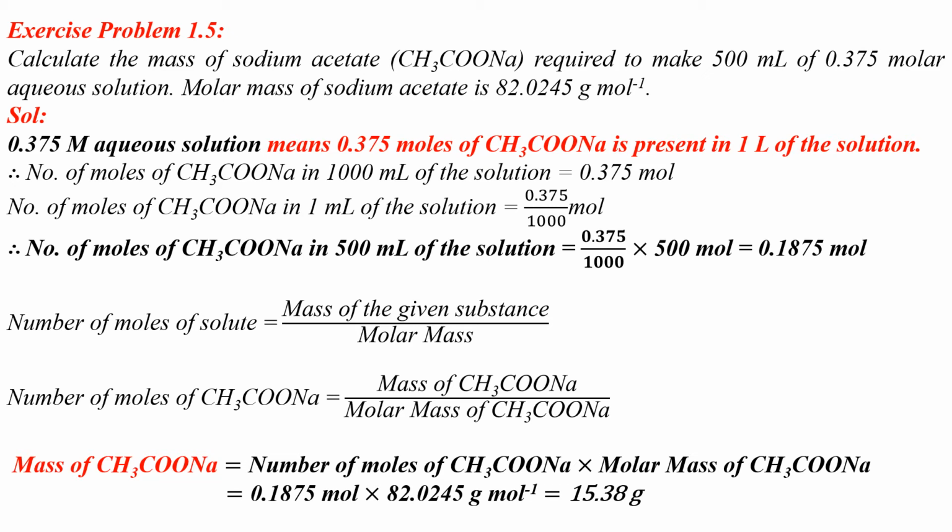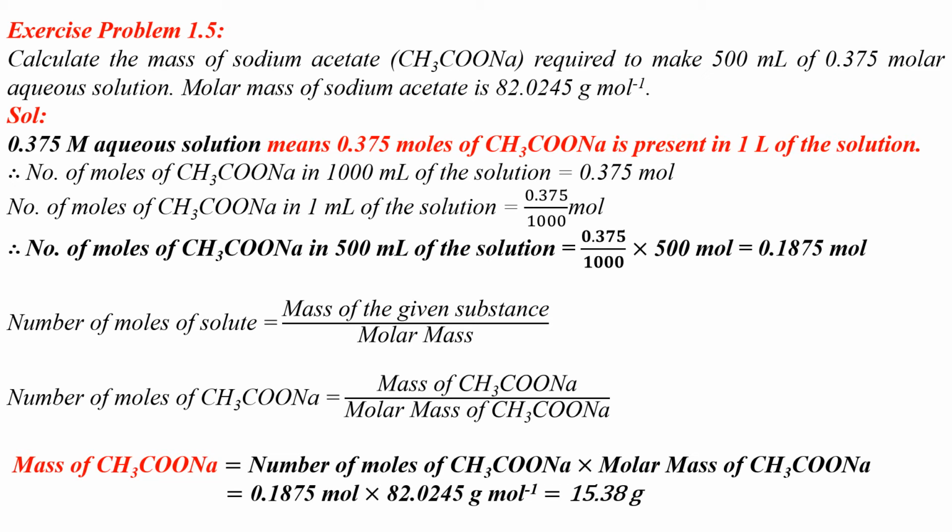Let's calculate. Number of moles of sodium acetate in 1 ml of the solution is equal to 0.375 divided by 1000. This is done by the unitary method which I have discussed in explaining problem 1.7. Please go back and refer to that. Now, look at the question. You are asked to calculate the mass of sodium acetate to make 500 ml of 0.375 molar solution.